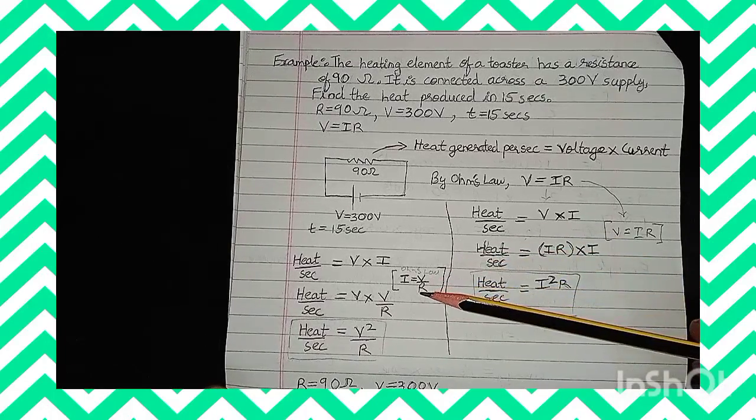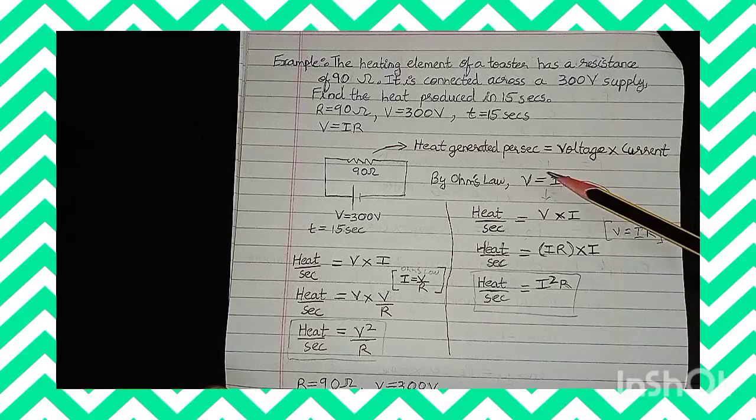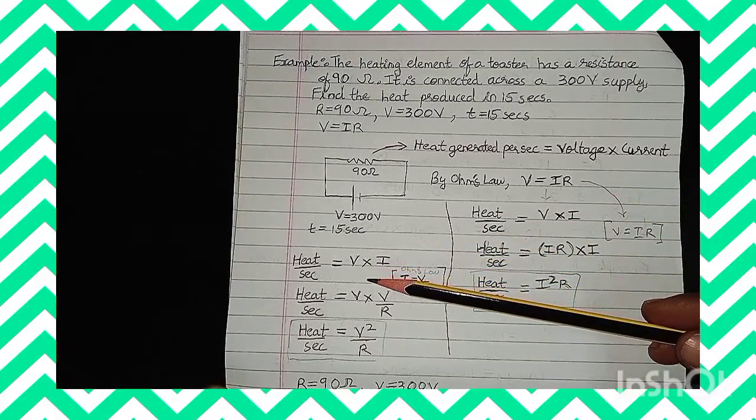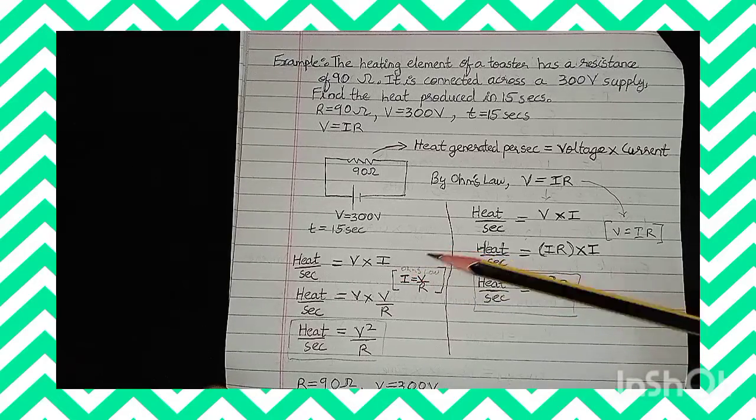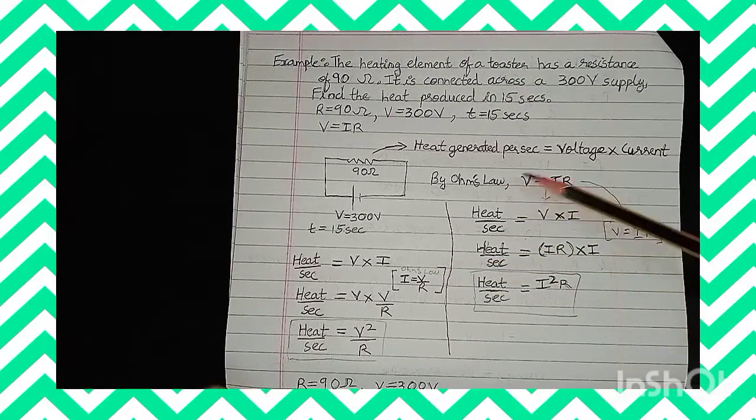The second method I'll tell you. Same, heat per second is equal to voltage into current. So heat per second is equal to V into I. Instead of I, we will be putting I is equal to V by R. This is again by Ohm's law.